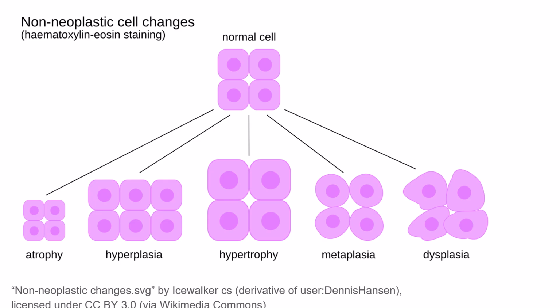The next change we'll talk about is hypertrophy. That's the opposite of atrophy. That's where the cells get bigger. So see, there are 4 cells here, the same number, but each one got bigger. And so if I start to exercise more and I use my muscles a lot, my muscle cells will get bigger.